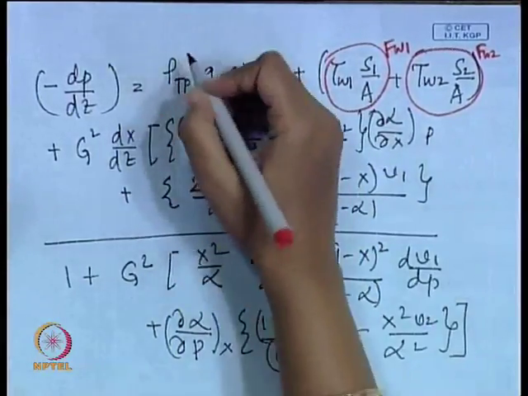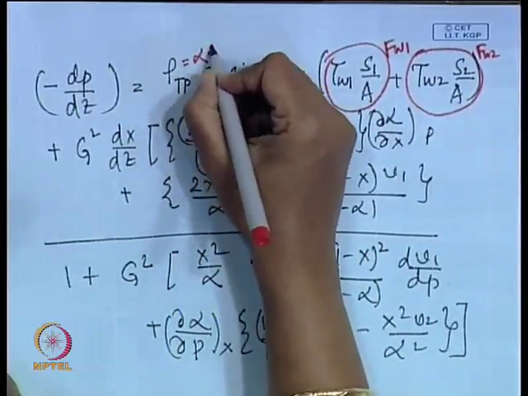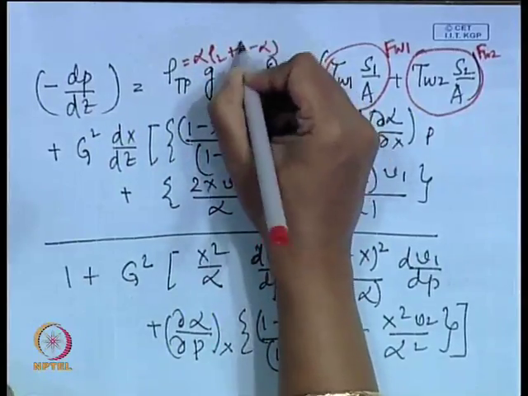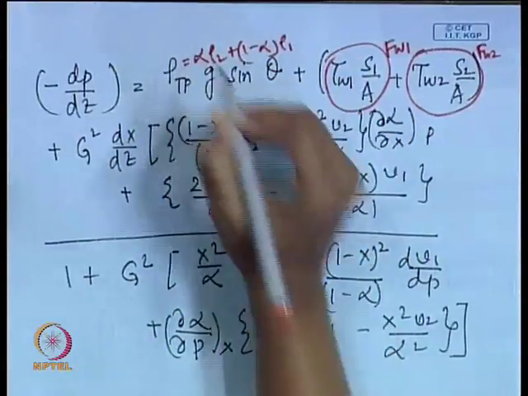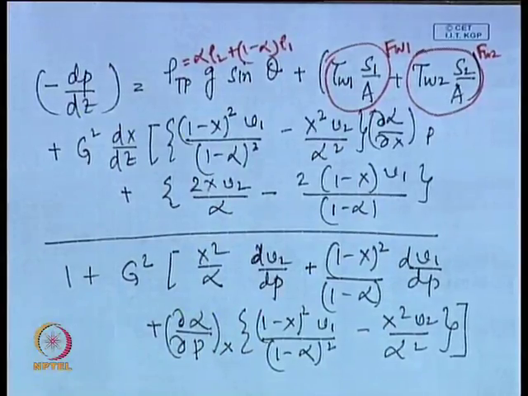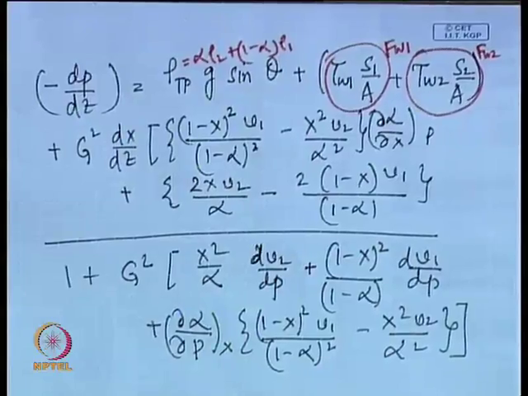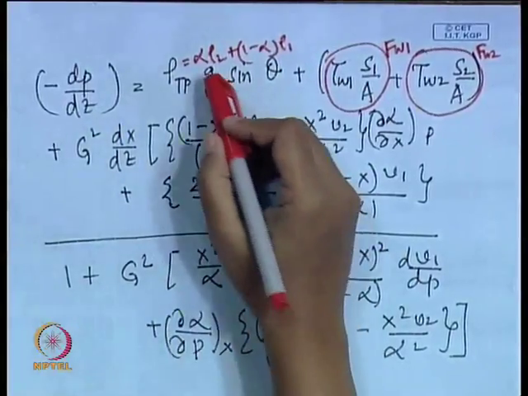In other words, if you expand rho TP, it is alpha rho 2 plus (1 minus alpha) rho 1. So, this alpha term is also not known here. For homogeneous flow, alpha was equal to beta, so we could find it out. In this particular case, we do not know alpha.